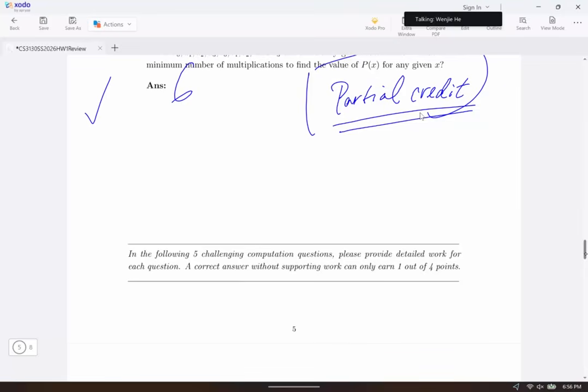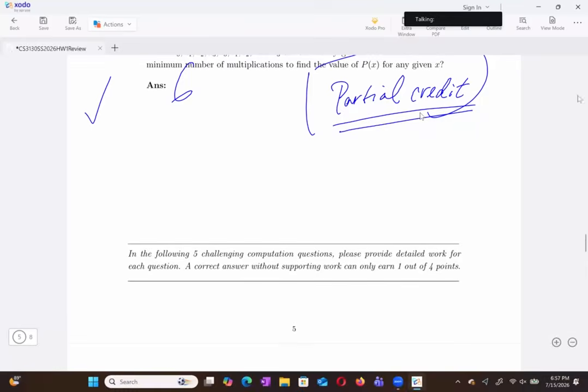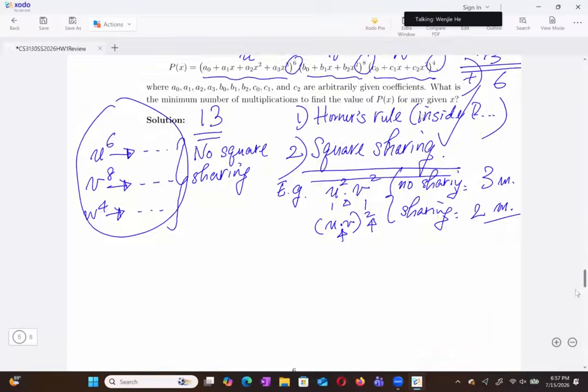Oh, I need to scroll down. I cannot move the bar. I need a keyboard to move my scroll bar.